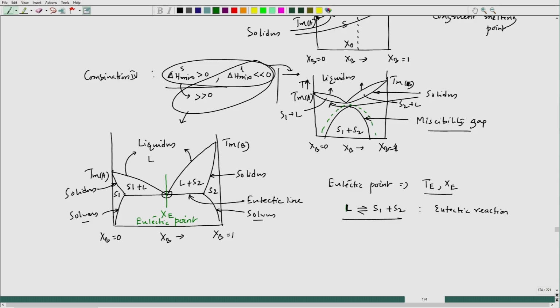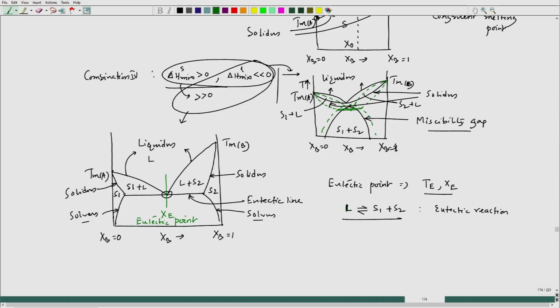In fact, if we see the difference between these two del H mix values of liquid and solid, del H mix liquid minus del H mix solid, then as we increase the difference, relatively this one also shifts downward. So, like that it will shift and we get a particular point like this.